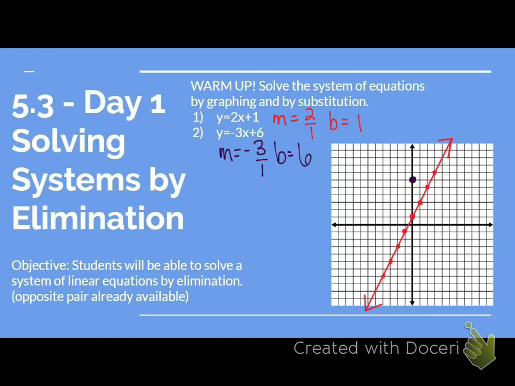This time we've got a negative slope. So where should we go? Down 3, right 1. Down 3, right 1, down 3, right 1. Or you could go up and left, instead of down and right. Make your line going through those points.